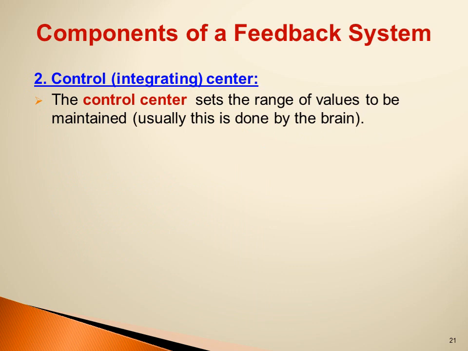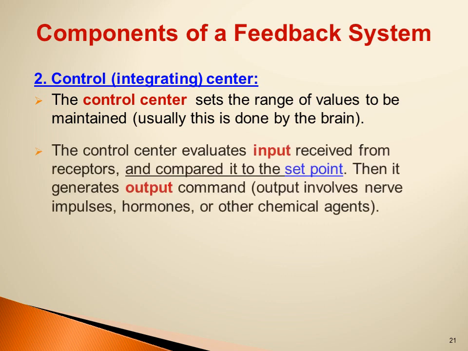The control or integrating center sets the range of values to be maintained, and this is usually done by the brain. In some examples it is done by tissues other than the brain, but most of the control centers are present in the brain.